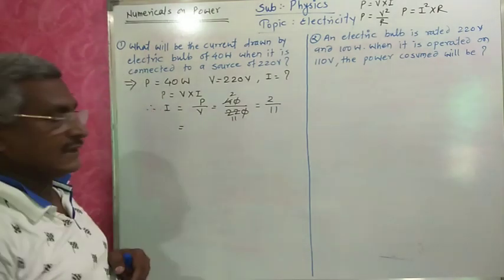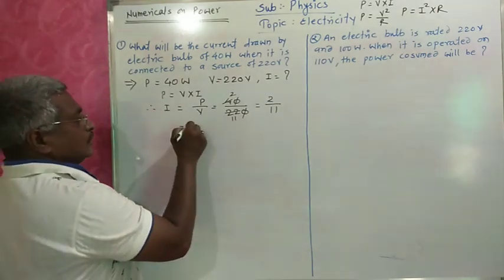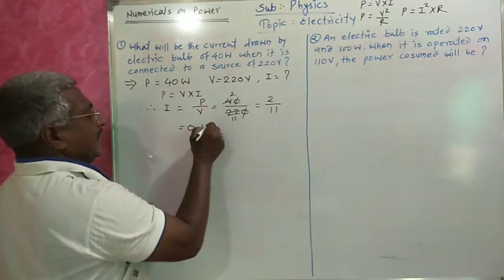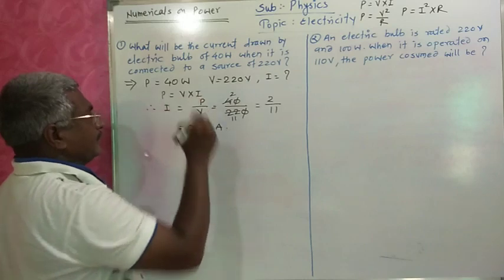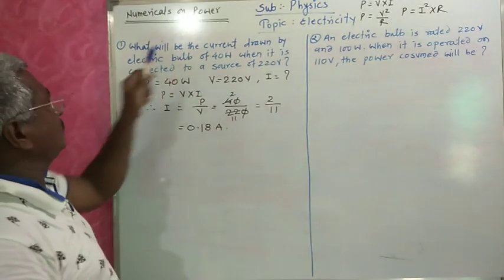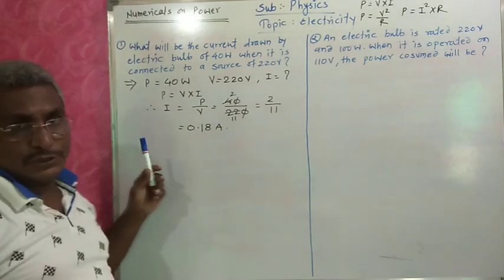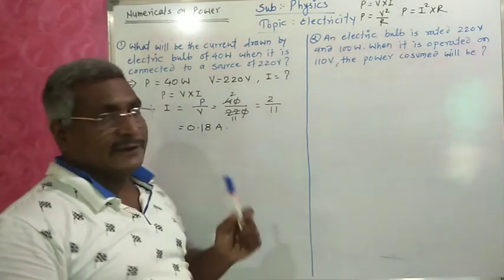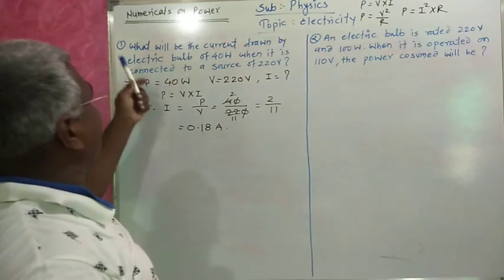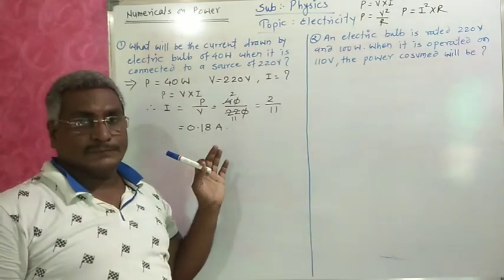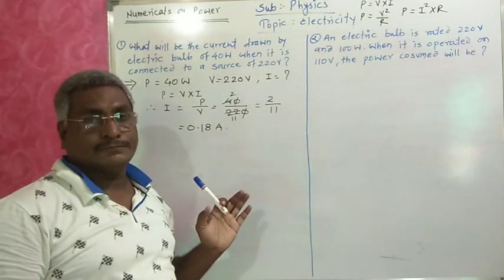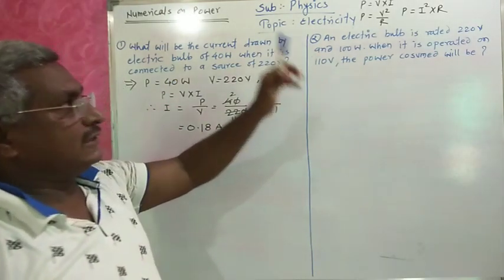What is the answer? 0.18 ampere. So what is the current drawn by the electric bulb? 0.18 ampere. This much current is drawn by the electric bulb. Understood how to solve, how to use the formula? Okay. Now we will go on to the second question.